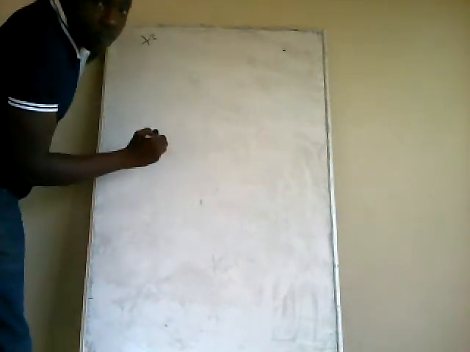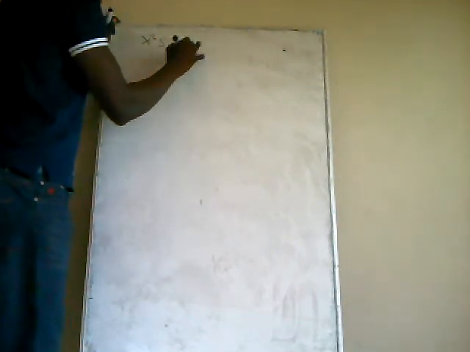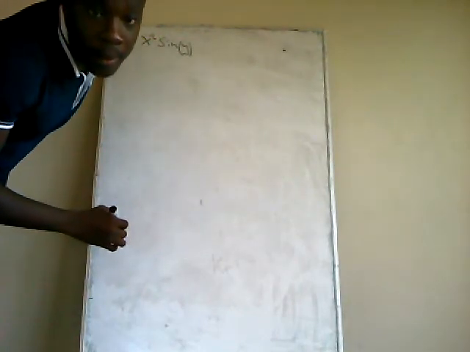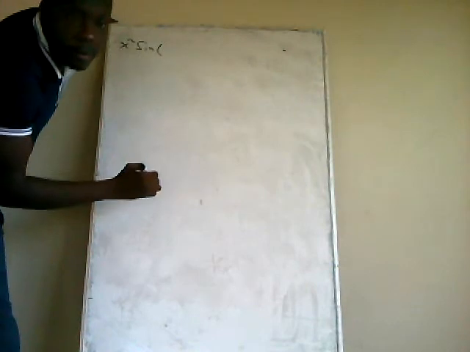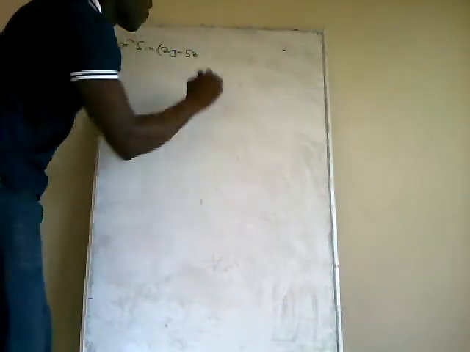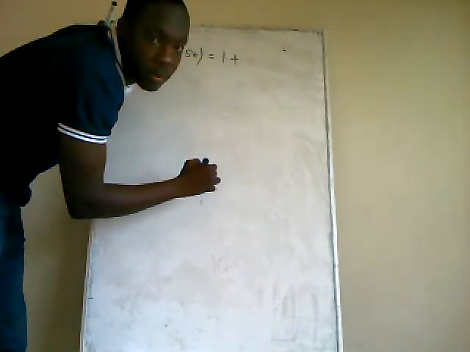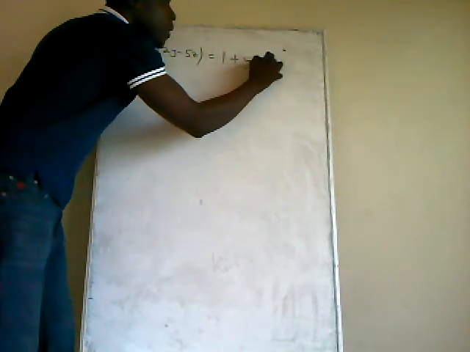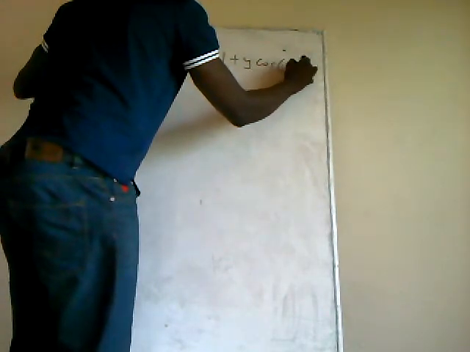x squared sine y. Let me take it away. x squared sine 2y minus 5z is equal to 1 plus y cos 6xz.